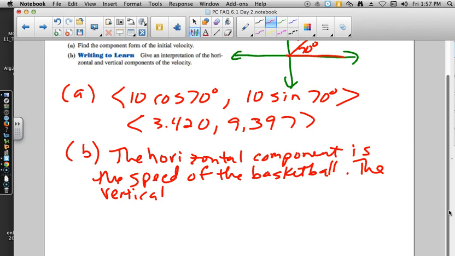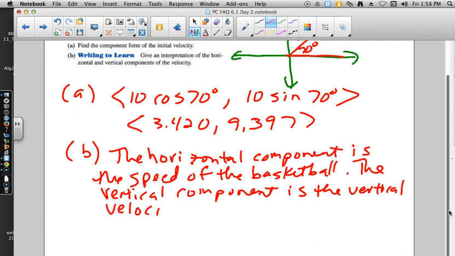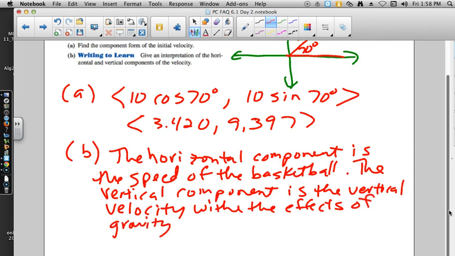So the vertical component is the vertical velocity with the effects of gravity on the basketball.